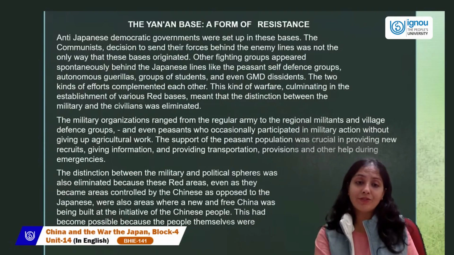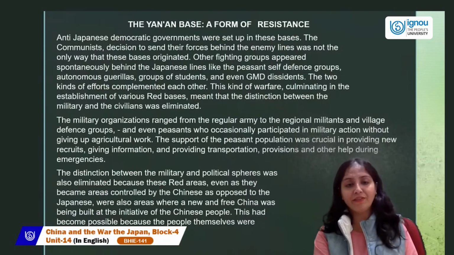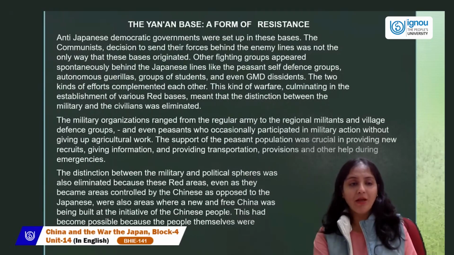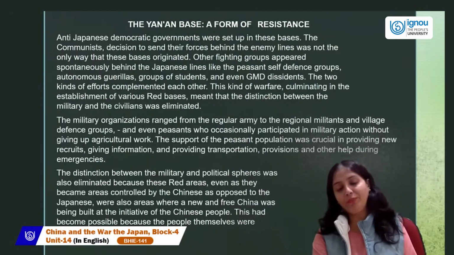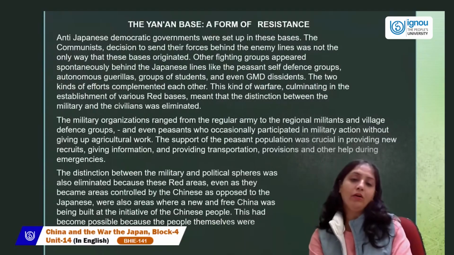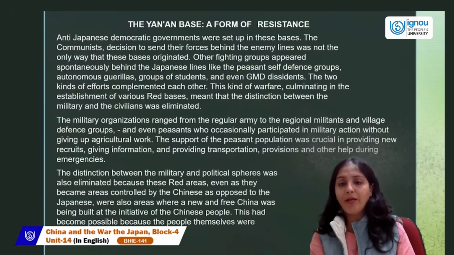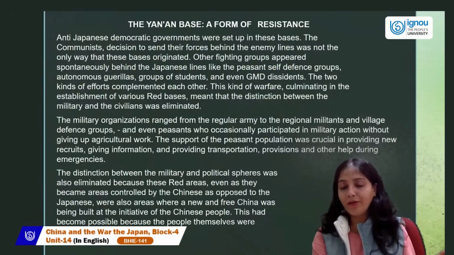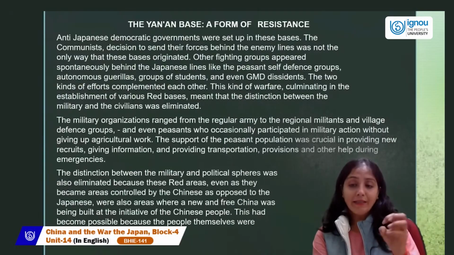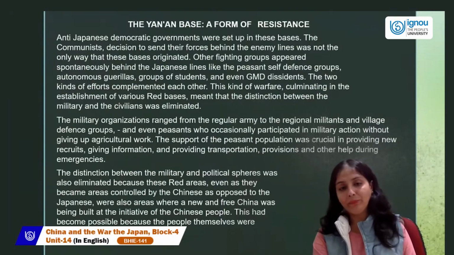The military organizations ranged from regular army to regional militias and village defense groups. Even peasants occasionally participated in military action without giving up agricultural work. They did agricultural activities and took part in military actions part time, when they had no work, and trained for military action at that time.